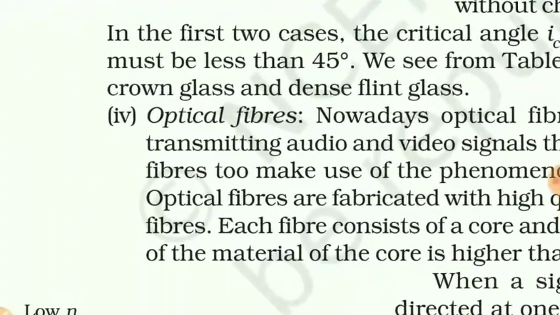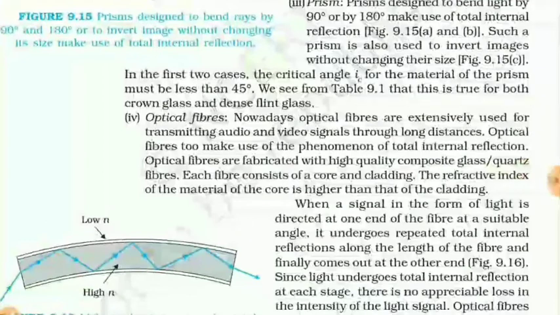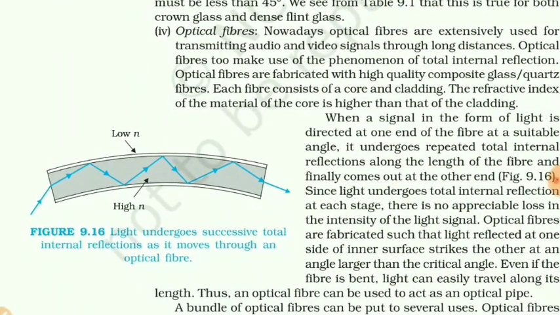Now about optical fibers. Students, generally we know that for data transfer cables are used. Even for internet connection we know that there is a transfer of data through wires. Generally, cables consisting of metallic wires are used. But in that, the data transfers in the form of electric current.